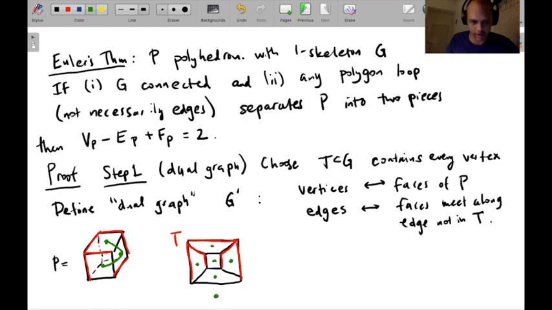The polyhedron has 6 faces, with one sort of on the outside here. And then you connect 2 of these vertices when the corresponding faces share an edge that's not in the tree T. So we get this, this is G prime, the dual graph.